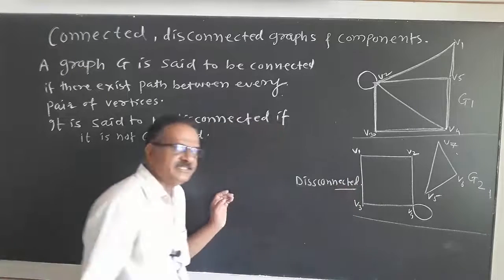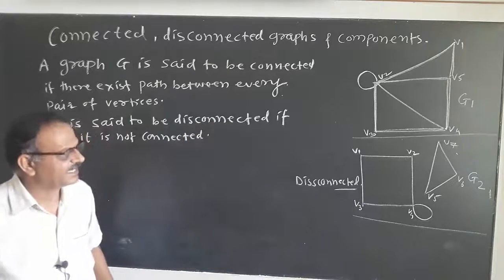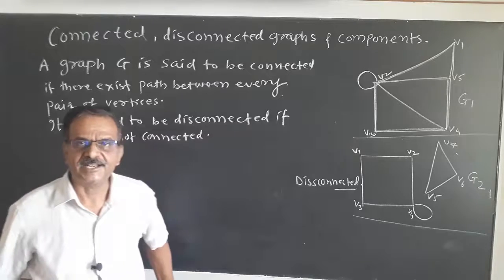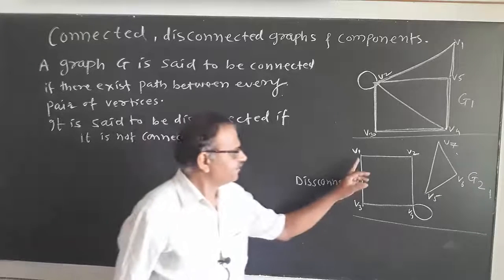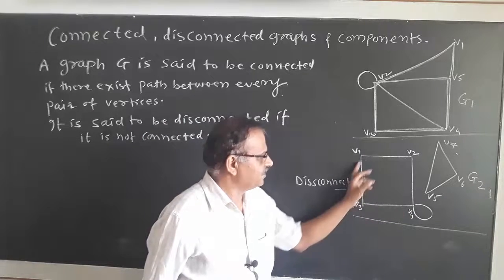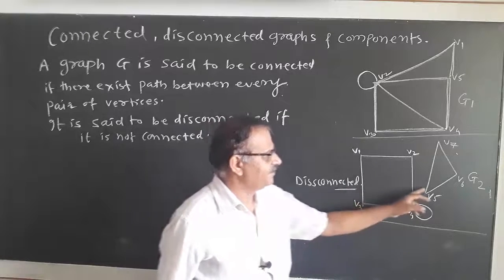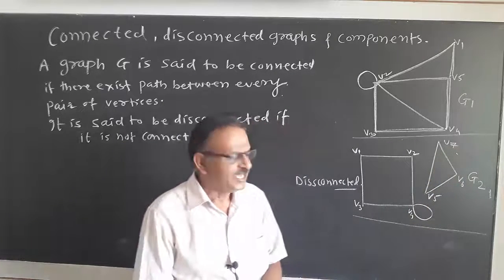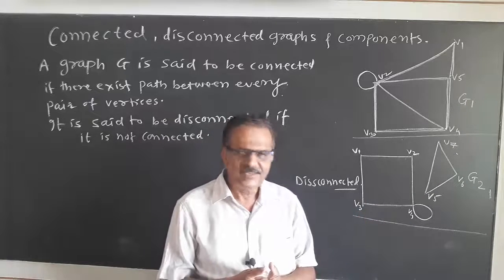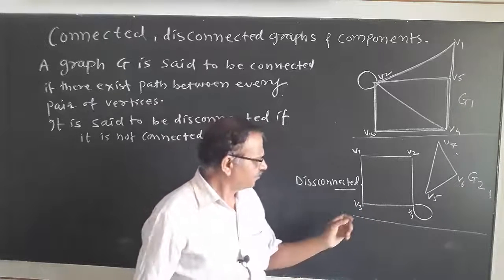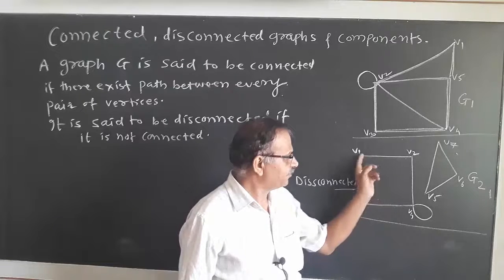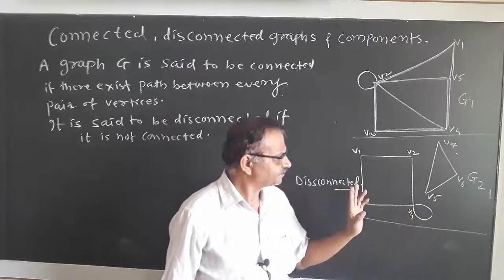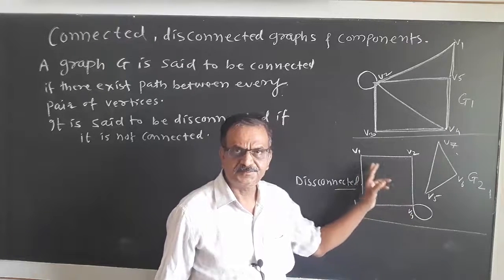Now, in this disconnected graph, there are more than one parts of the graph. See here in G2, V1, V2, V3, V4, this form one part, V5, V6, V7, this form one part. If we look at this graph, we can see that we can travel from V3 to V4, V2, V1 by a path.